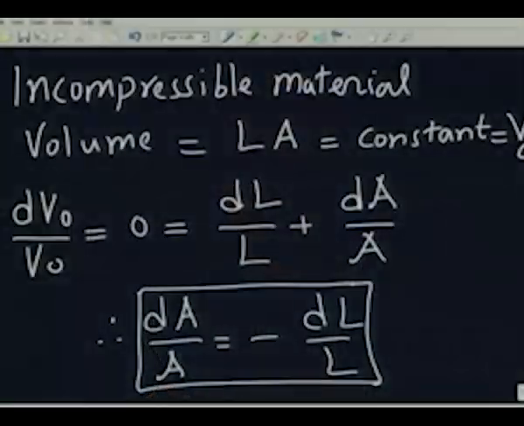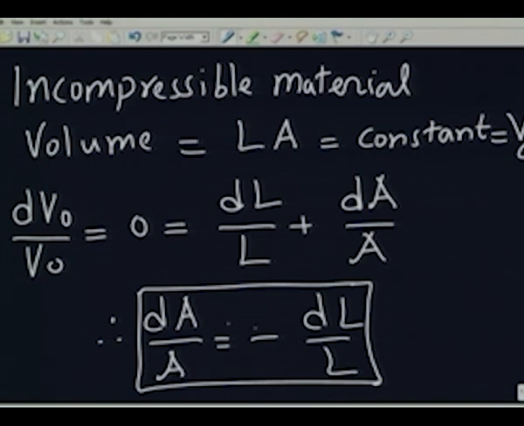And conversely, suppose I subject this material to a compression, the length is going to reduce, the area is going to increase. Okay? And I am looking only at very small changes. Let us not go close to the yield stress and so on. We are talking about very small changes in the length and the area of cross section. We are not talking about large changes.